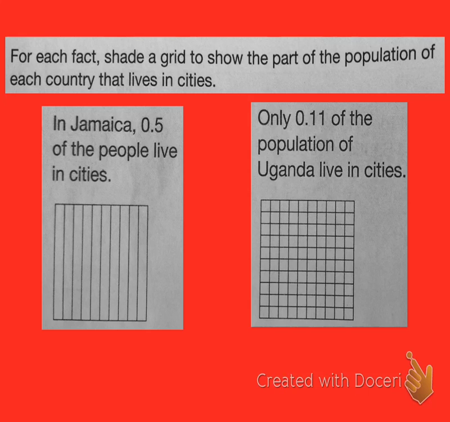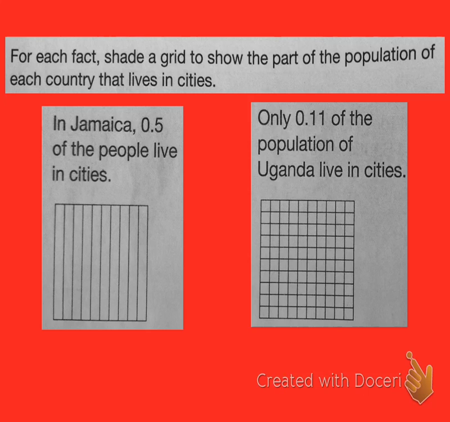For each fact, shade a grid to show the part of the population of each country that lives in the cities. So in Jamaica, you need to draw a picture that would show 5/10 of the people live in cities.